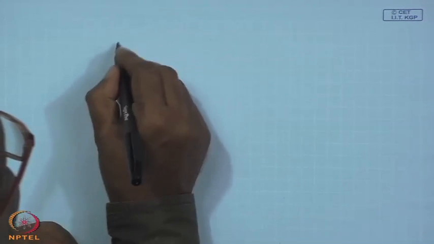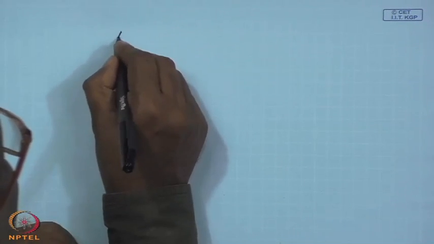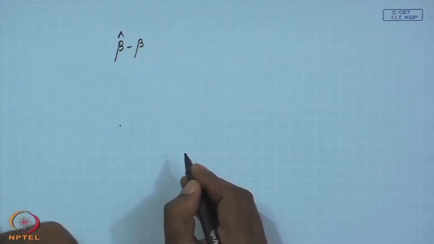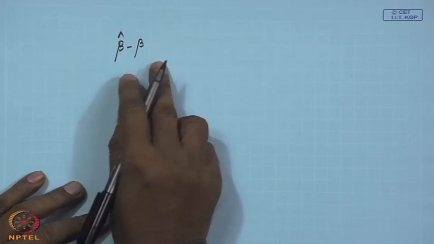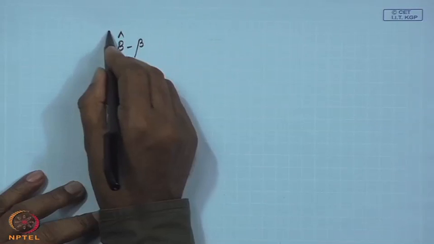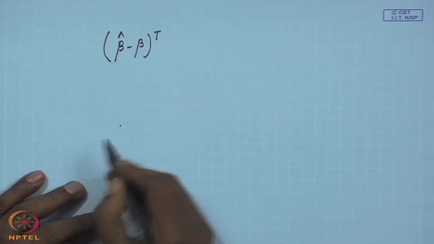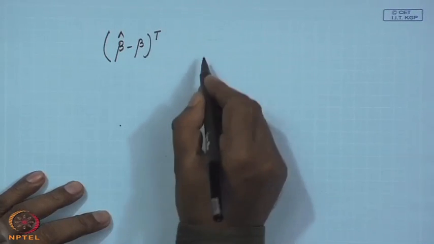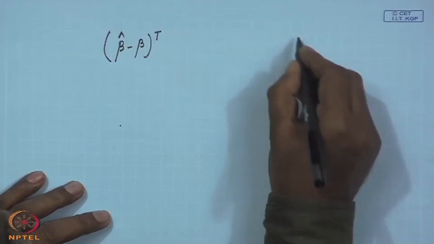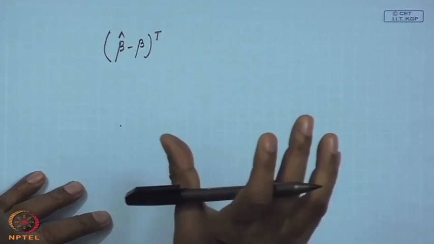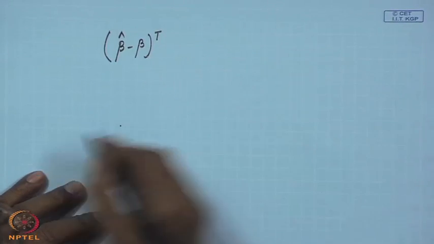Can we not write it like this: beta cap minus beta, similar to x bar minus mu, transpose, then S inverse. So S is the covariance matrix. What is our covariance matrix?